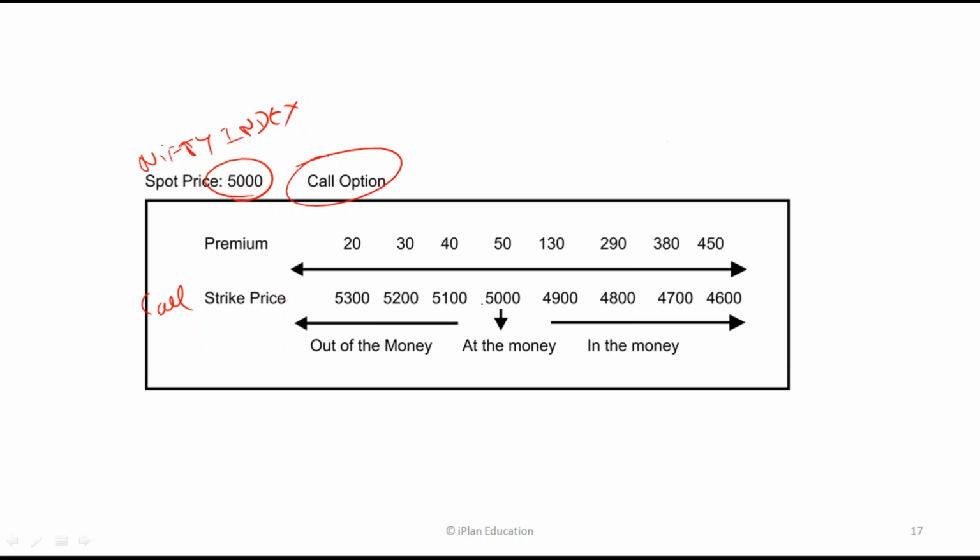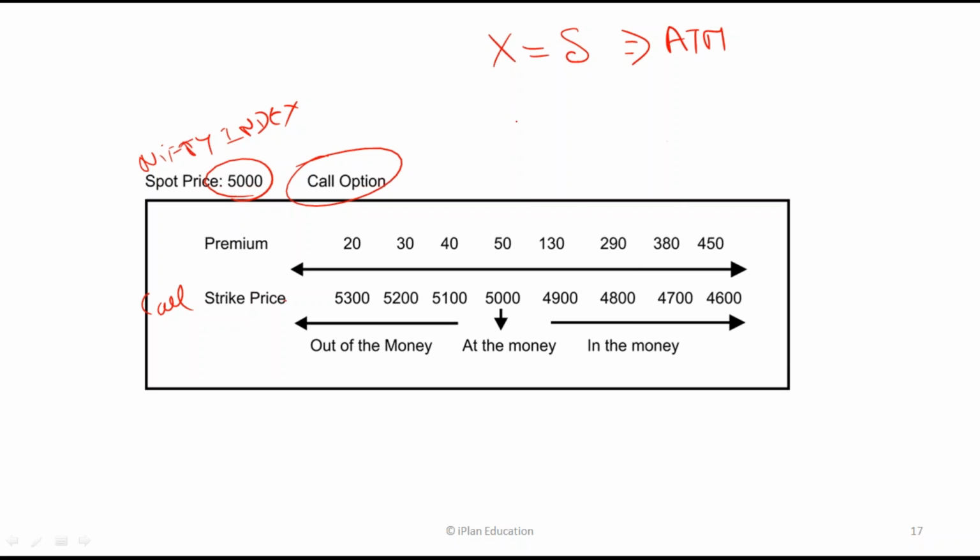If the strike price, or the exercise price, is the same as the spot price, we call it at the money, ATM, contracts. Remember this: an at-the-money contract is when the strike price and the spot price are the same or very close.